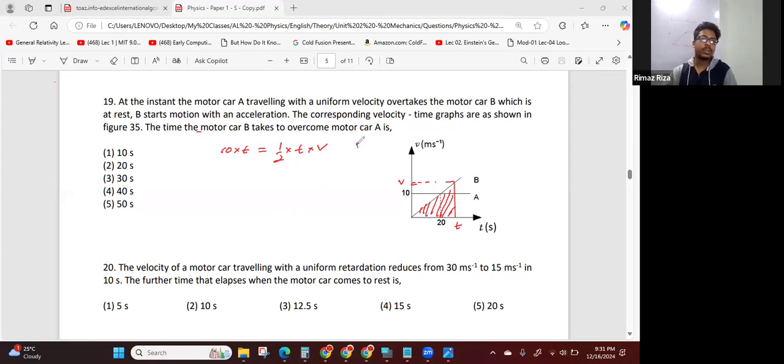Okay, so v is actually v equals u plus at. Acceleration is not given, no? Hold on.